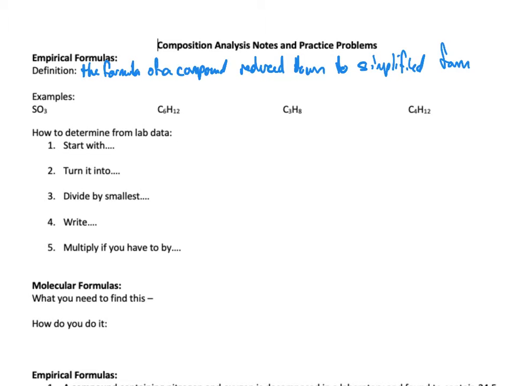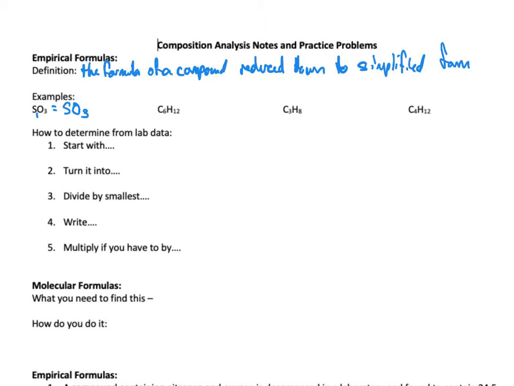If you look at these 4 examples, some of these can be reduced down and some cannot. I see SO3, and this S doesn't have a subscript. That's an understood 1. So a 1 and a 3 is as simple as it can be. The empirical formula for SO3 is SO3.